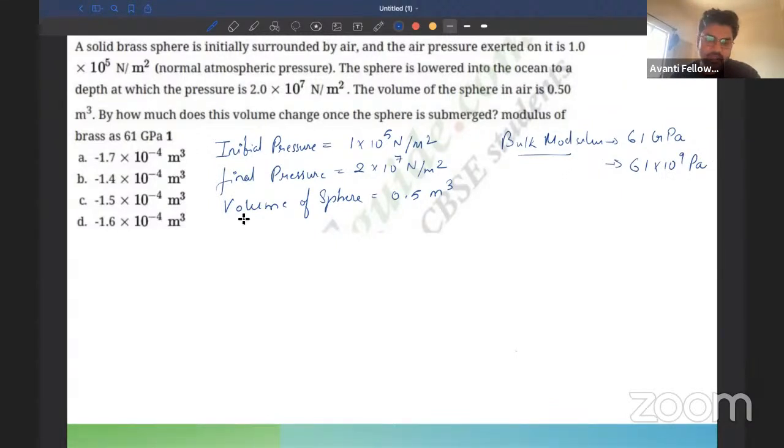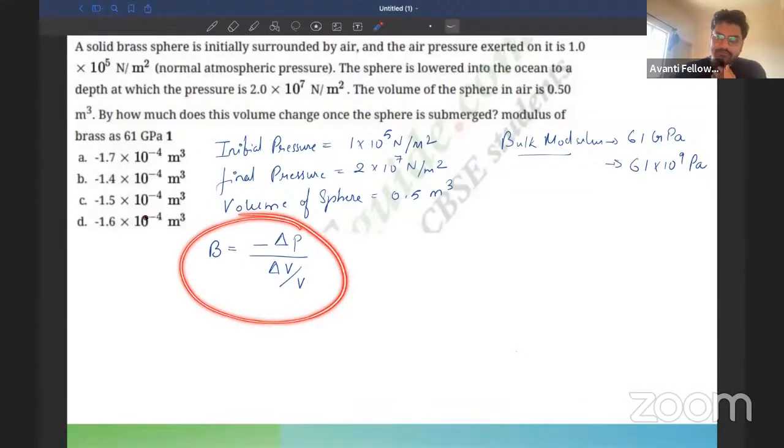Now, bulk modulus is denoted by what? Like Young's modulus is given by Y, bulk modulus is given by B, which is equal to minus delta P, change in pressure, divided by change in volume upon original volume. This is the expression of bulk modulus, right?